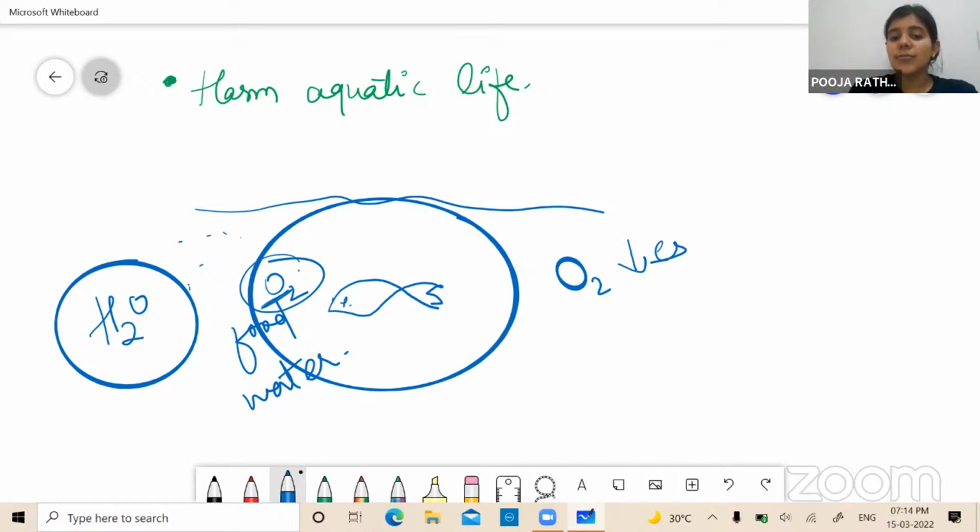Why? Due to the presence of different chemicals or different types of wastes. And when this O2 decreases, how would they inhale? How would they respire? If they won't respire, there is no point in eating food or drinking water. First of all, you need air to respire, to live. Since there is no air, how would they live?